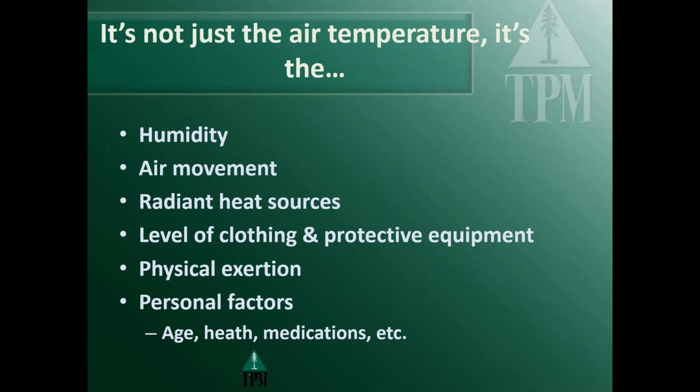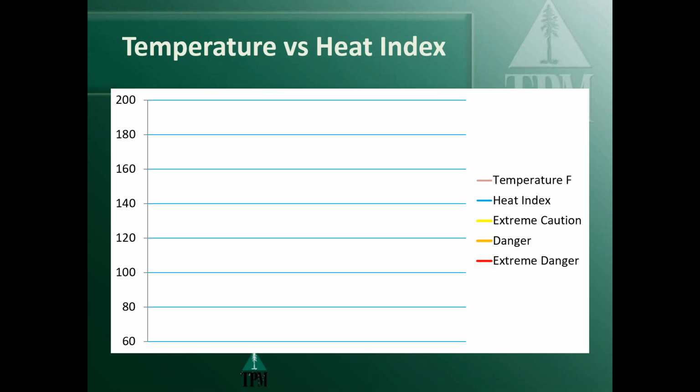So there's a lot to this, and it's not just, oh, it's 95 degrees out, that's when we worry about the heat. There's a lot of measurements we have to do, and that's why they are recommending you use either the heat index, because it takes into account some of this, or the wet bulb globe temperature method.